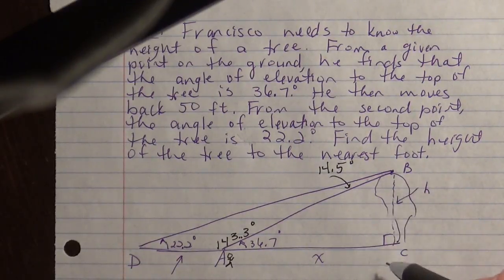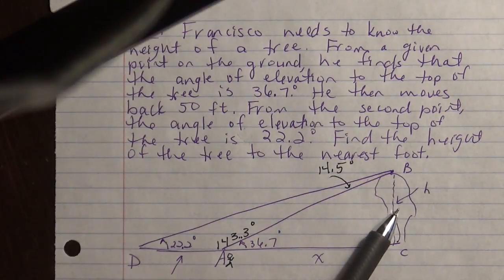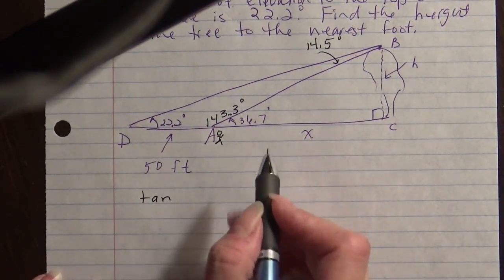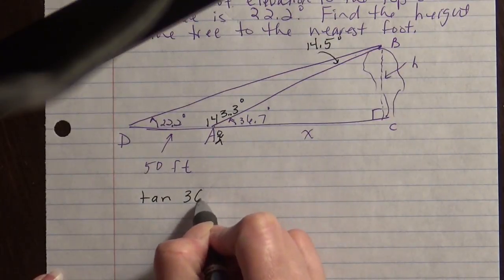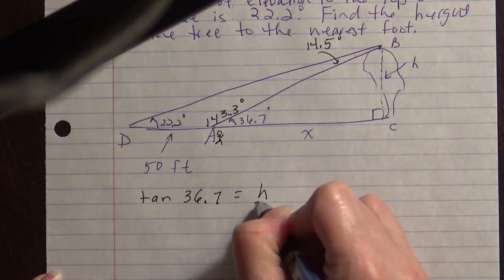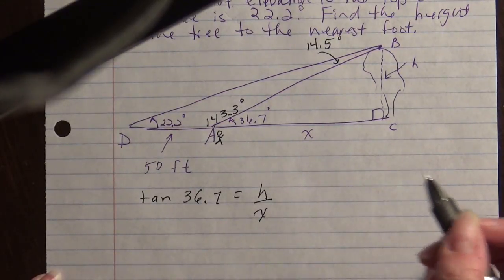If we look at our small triangle, from this angle of 36.7 degrees, h is going to be our opposite side and x is going to be our adjacent side. Thinking in terms of opposite over adjacent, that would be tangent. So we can say that tan of 36.7 equals opposite, which is h, over adjacent, which is x.